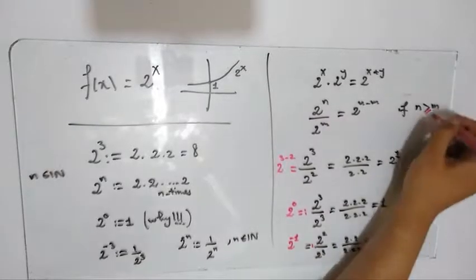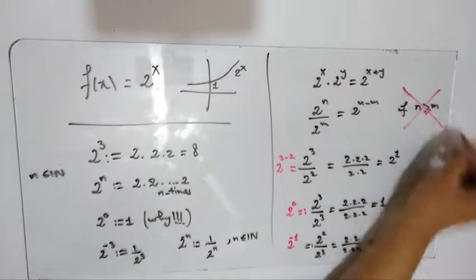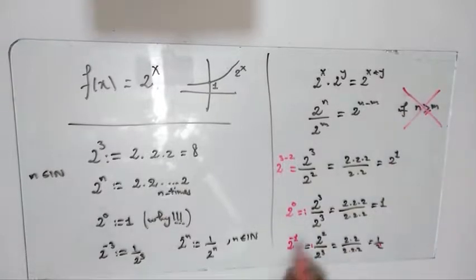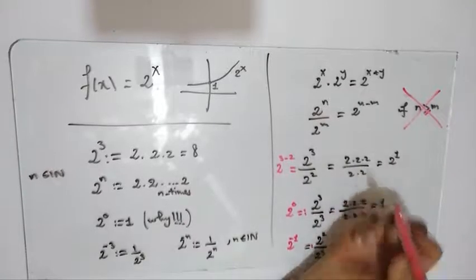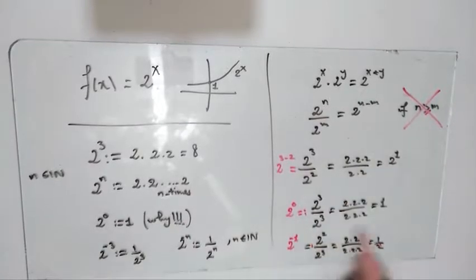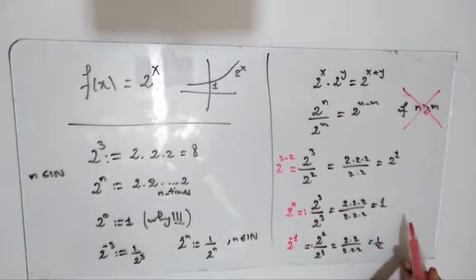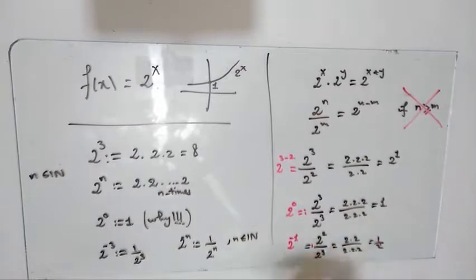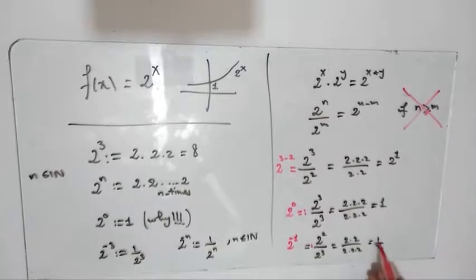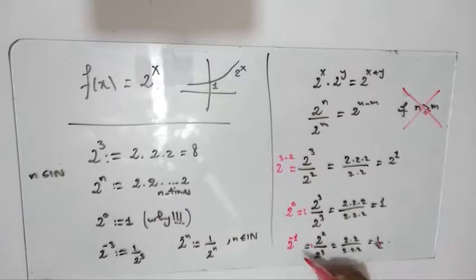In this way we extend the rule, and we don't need this condition anymore, because now we know what we mean by 2 to the power of a negative number and 2 to the power 0. 2 to the power 0 is just an abbreviation for 1. It means everything in the numerator is cancelled with everything in the denominator. After cancellation and simplification you will have 1 over 2. So this is the meaning of 2 to the power negative 1.